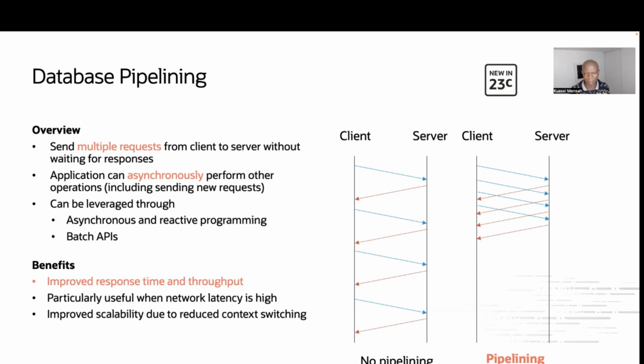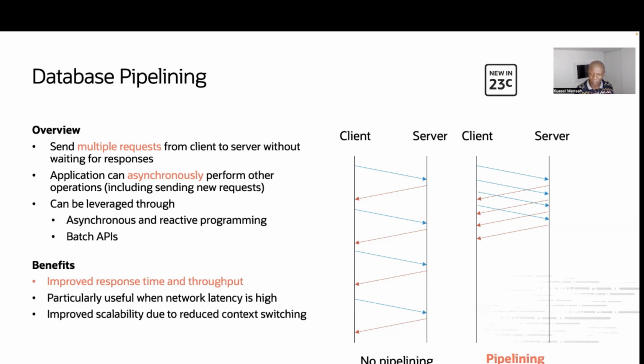We have some callback mechanism that can be used to give you the response. And that's exactly how we use the JDBC async mechanism to support database pipelining. We also support that for batch APIs, but that's under the cover. But I will show you one slide on that.